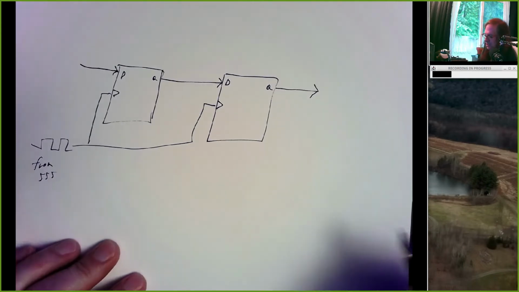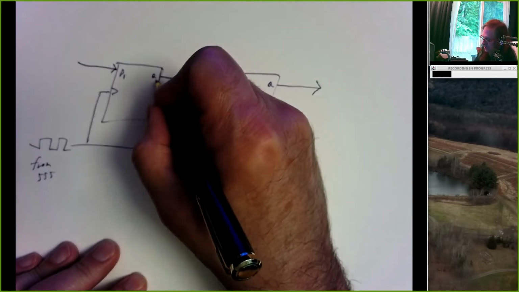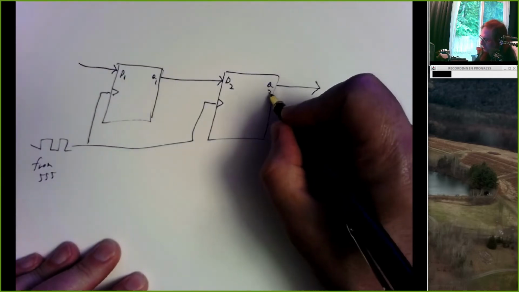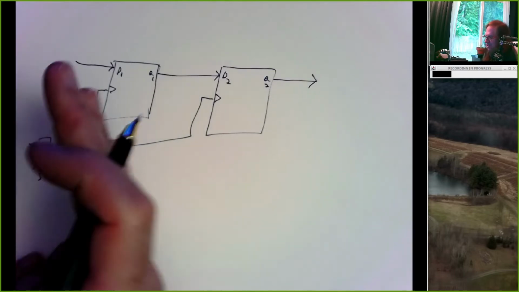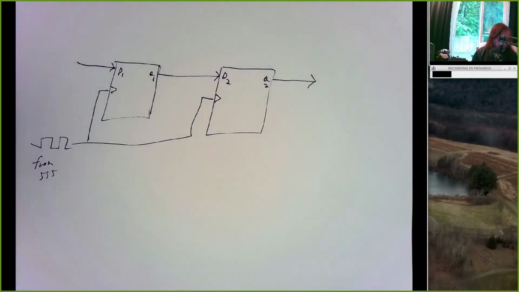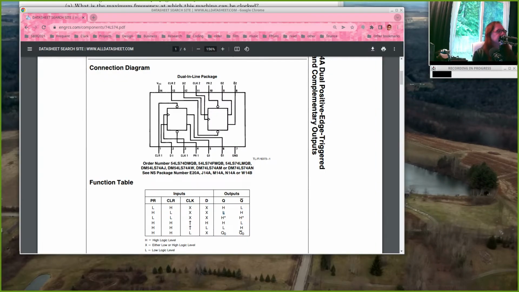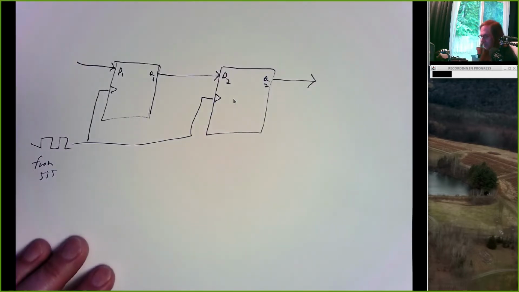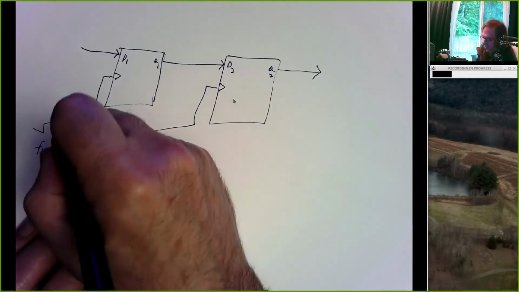So what does this do if this is D1, Q1, D2, Q2? And I always try to do 1, 0 when I'm numbering things, but here I'm using the labels from this data sheet. So that's why I'm doing D1 and D2 and so on. So what does this look like? Here's the clock.